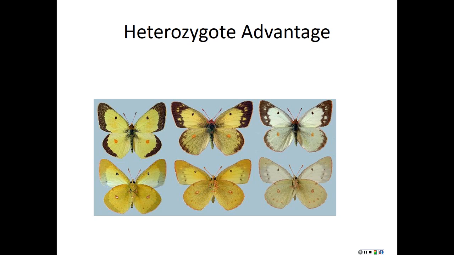These butterflies have a gene that produces a protein that influences their ability to fly at different temperatures. There is an allele for high temperature and an allele for low temperature. Those who have each allele, in other words, are heterozygous, survive better at a broader range of temperatures than either homozygote. So that would be an example of heterozygote advantage.